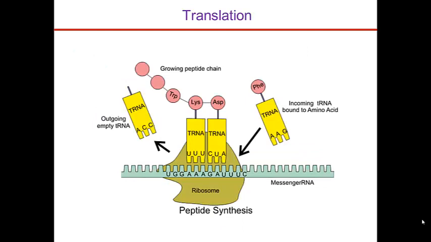The next few slides detail the steps of peptide synthesis by the ribosome. The process begins with the ribosome recognition of the initiating AUG codon for methionine to be the first amino acid in the chain.